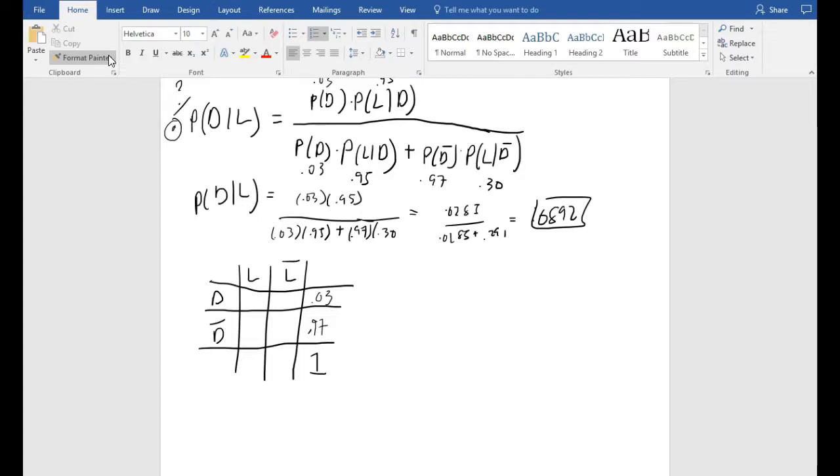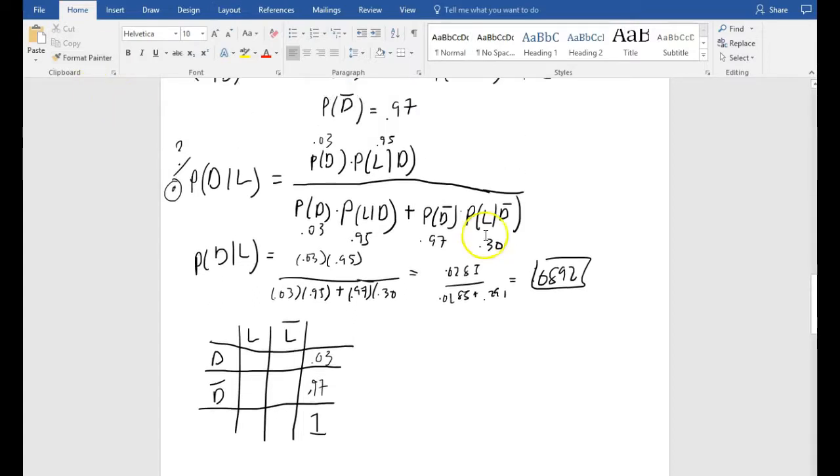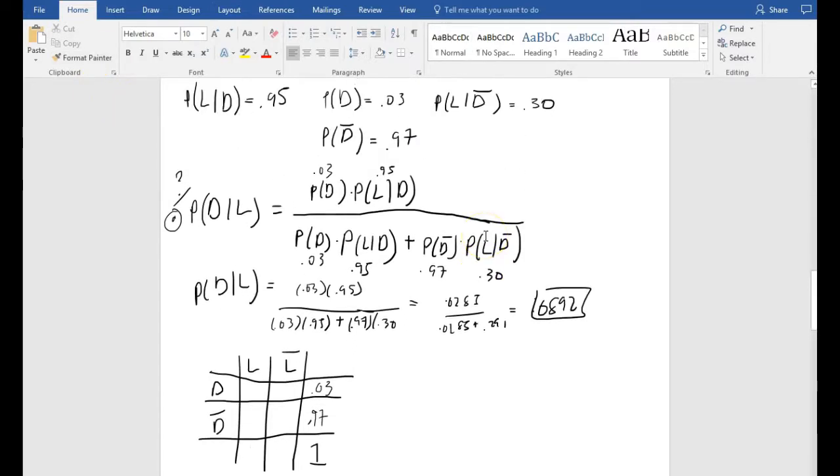Well, we have conditional probabilities given to us in this problem. So we are going to use those conditional probabilities in order to fill in the table, and solve for our intersections.